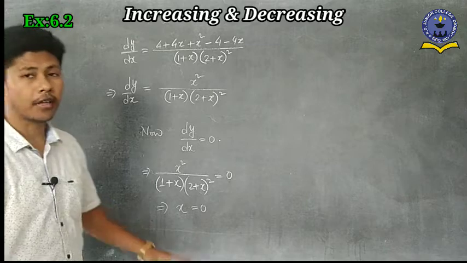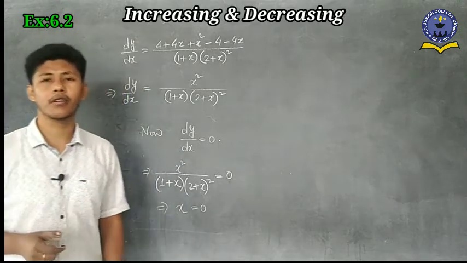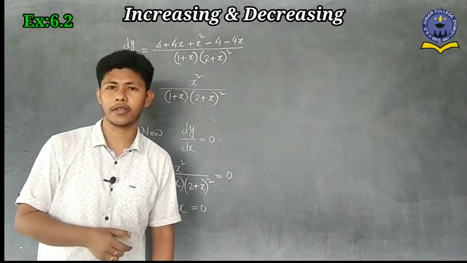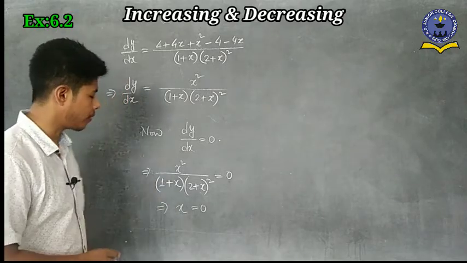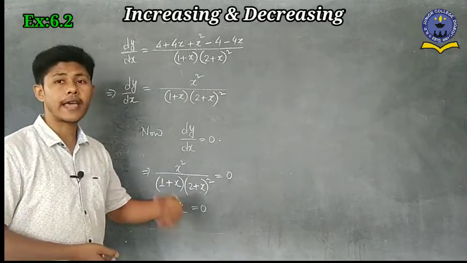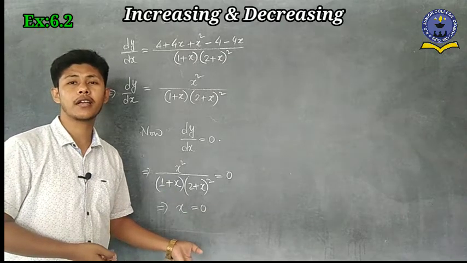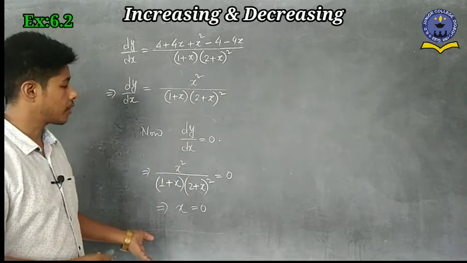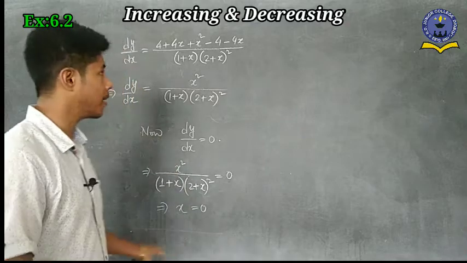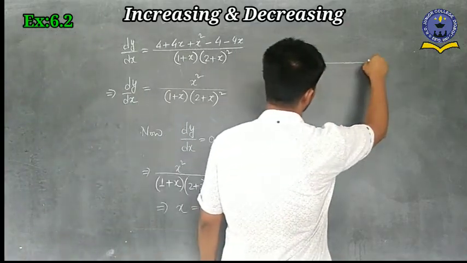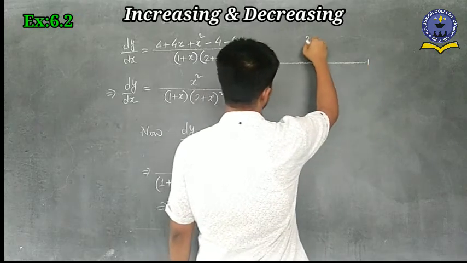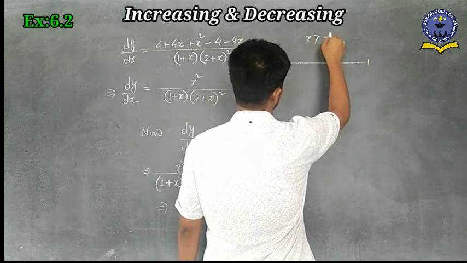Now in this question, if we see at starting the condition is given x is greater than minus 1. So x is greater than minus 1, through its domain we have to find out the interval here. So when we have to find out the interval, now if you see the graph, the graph is mentioned from where to where, x is greater than minus 1.